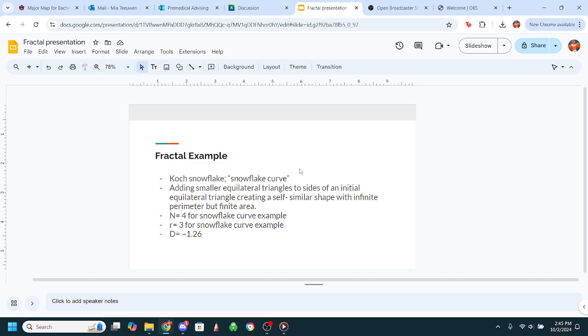And I believe it does look like a snowflake, which is why the example is called the snowflake curve. This will have a finite area, but an infinite perimeter. And for this example, our n value would be 4, our r value would be 3, and our d value would then be approximately 1.26.